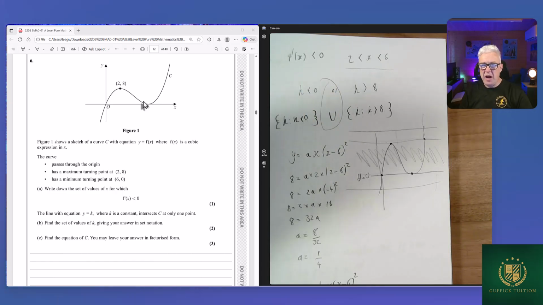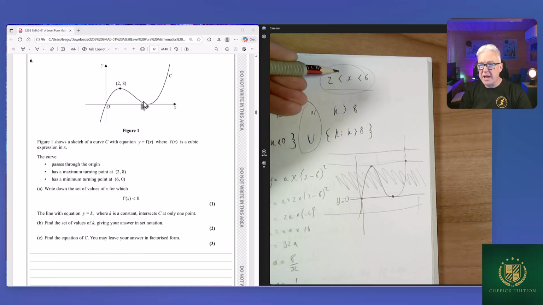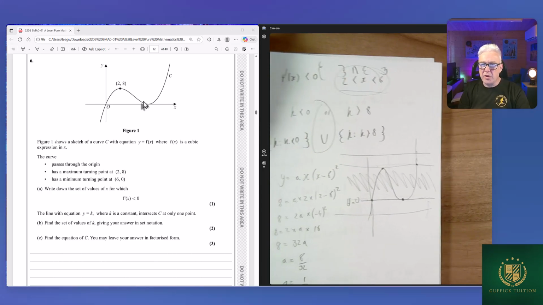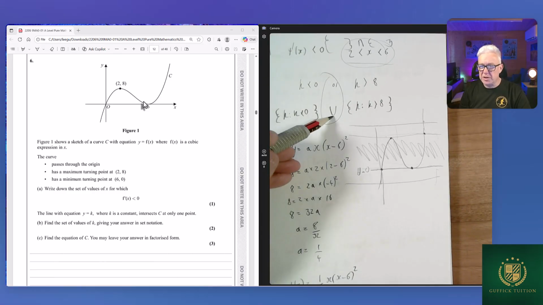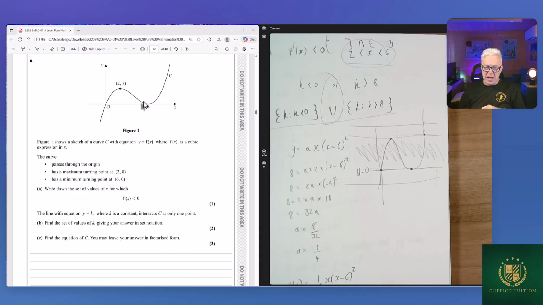If we were trying to write one of these in set notation, we could use the and symbol. But when you've got an or, you basically have to do it as two separate sets and use the union symbol. So in set notation, k less than 0 or greater than 8 is written in that format that I've just underlined. Perfect. That's part A and B done.